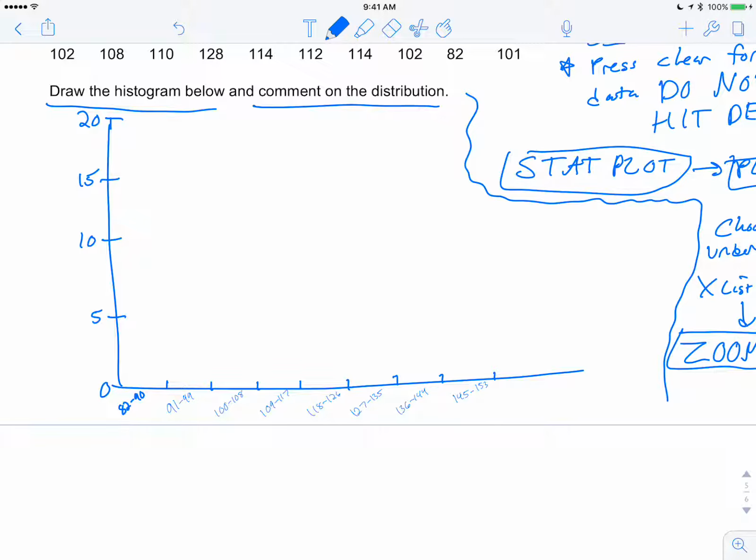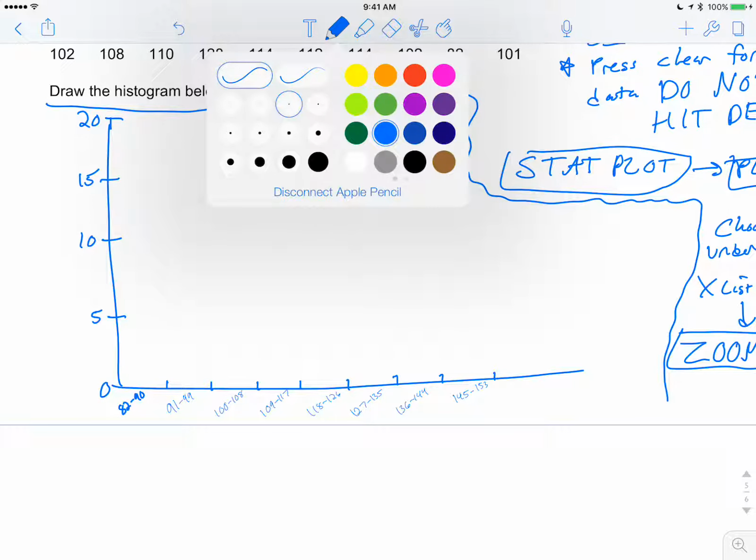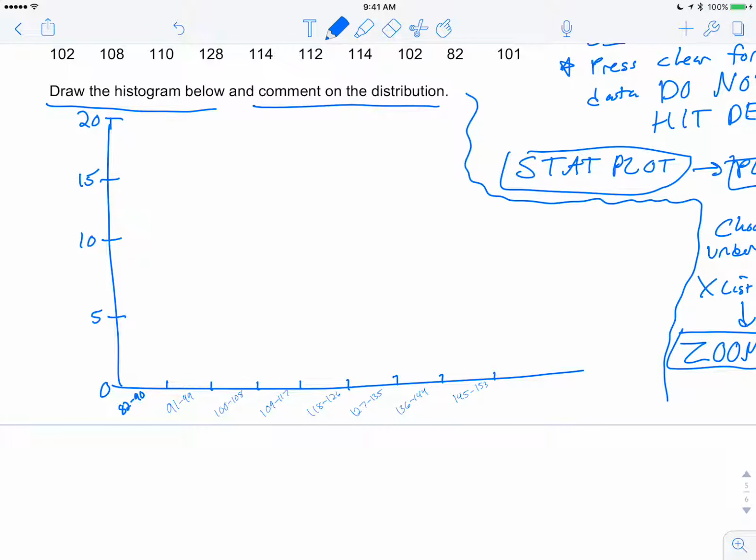Okay, so those are your 8 classes. They're going to have different heights of the bars. So let's go back to this thickness here. The first height, we had 3, so it's going to be around there.